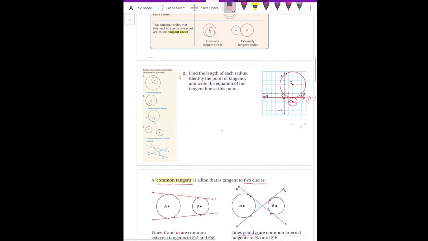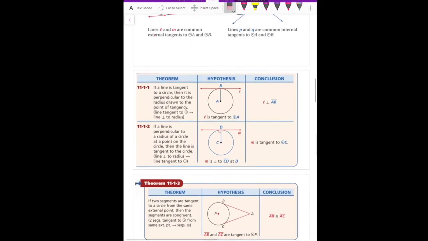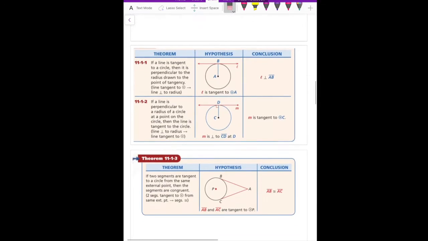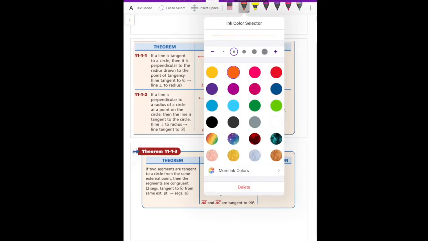So we are done with common tangents. Now we are going to go to the first theorem, theorem number 1, about the line and the radius, a tangent and the radius.